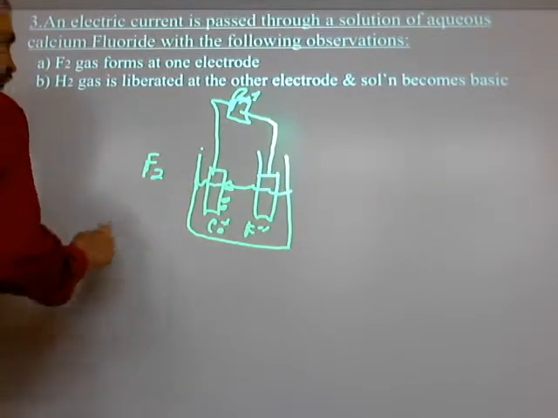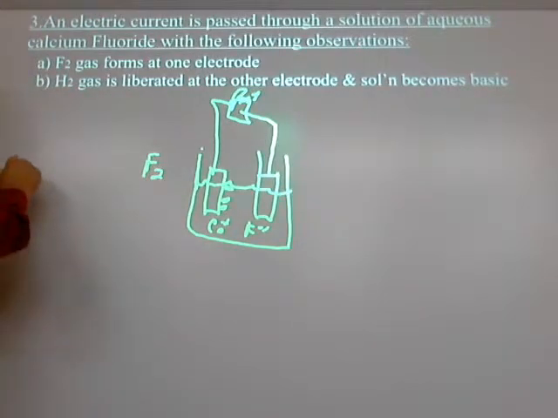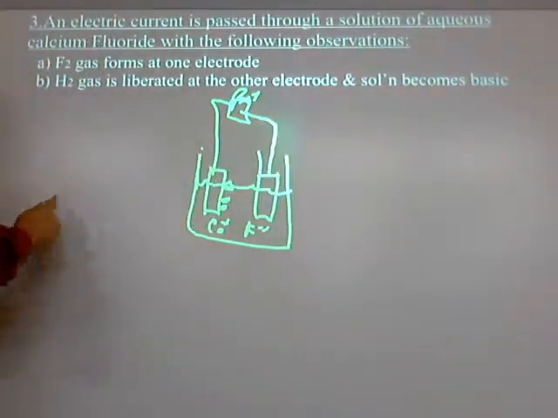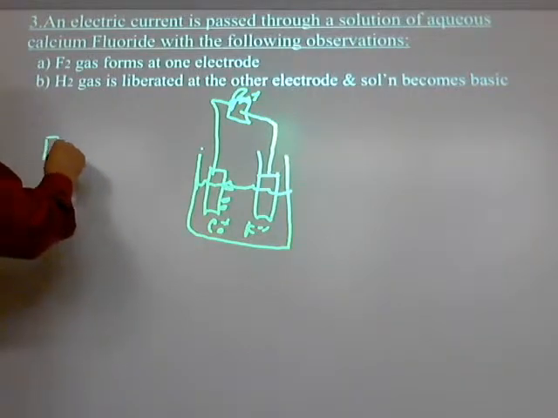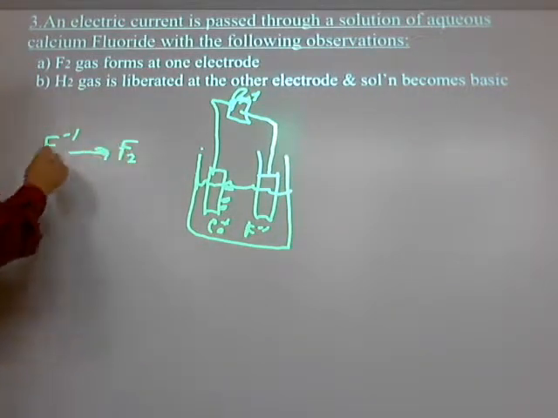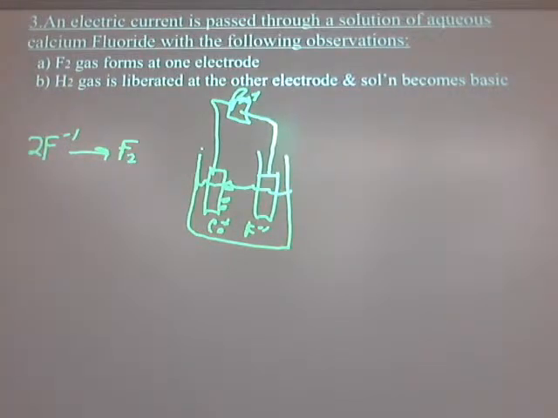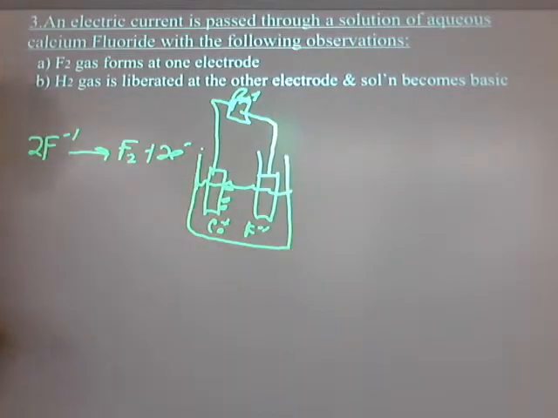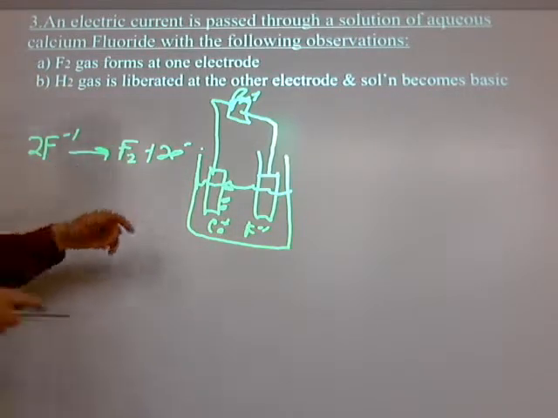I know I got F2. It must have come from F with a minus 1. F with a minus 1 is becoming F2. In order for that to happen, I got to balance it for mass. And how many electrons are lost or gained? Those are lost. Okay?